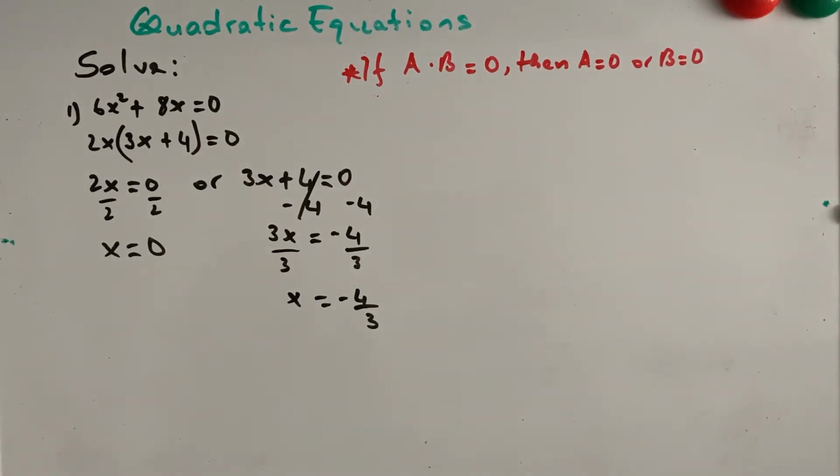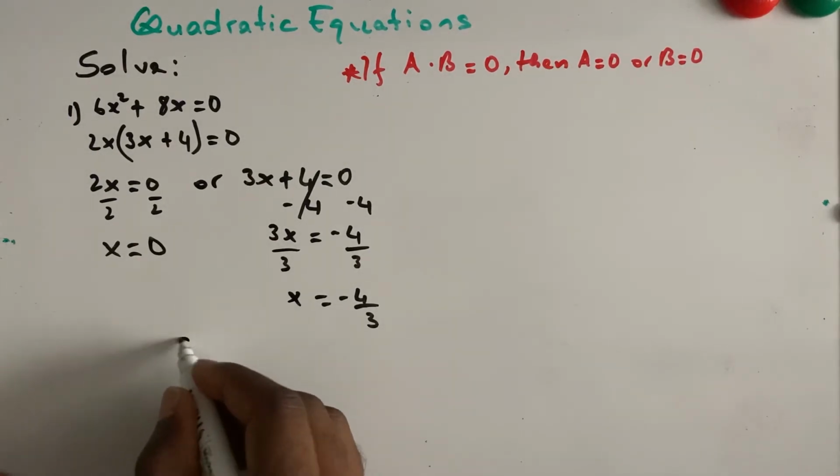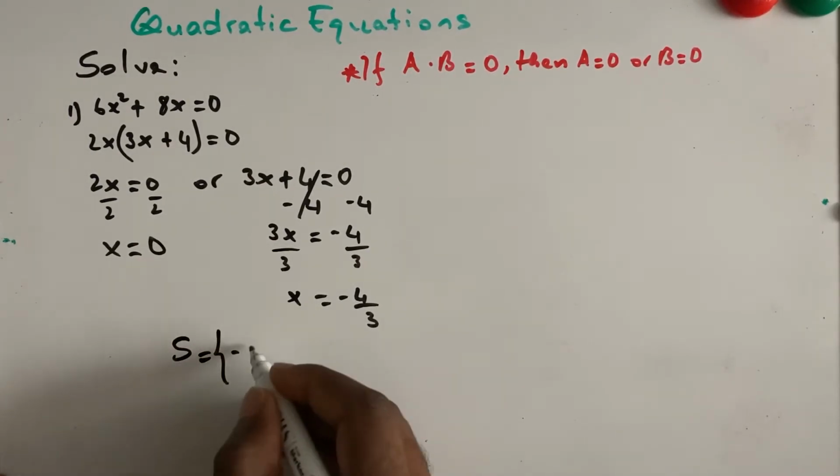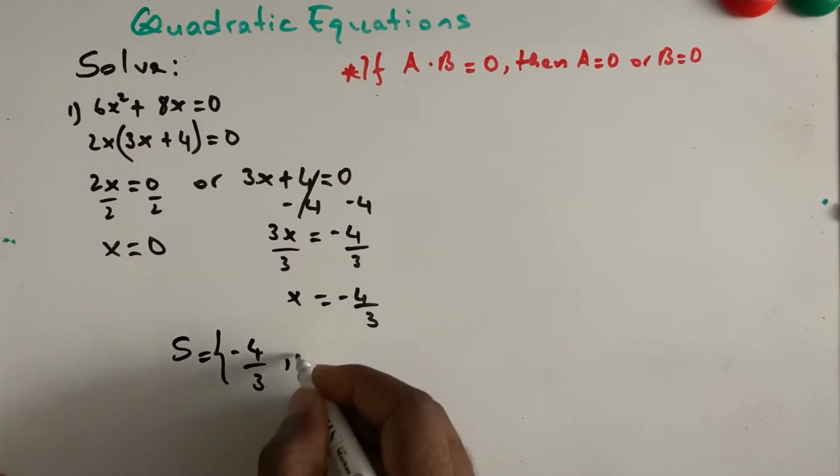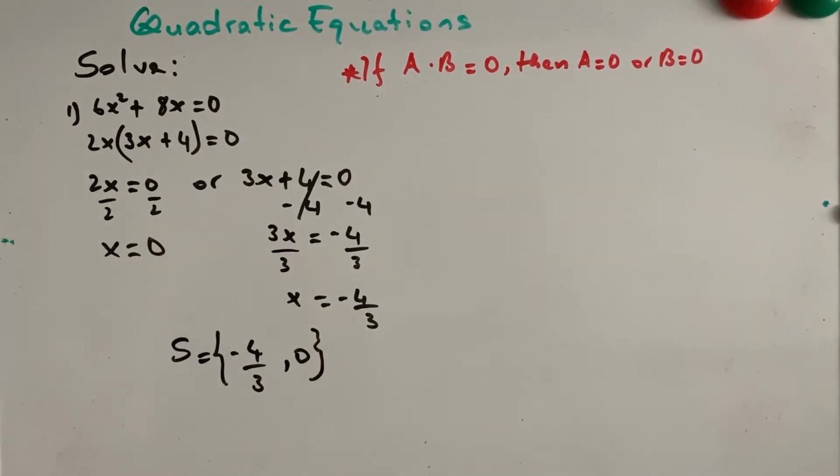So this is just solved by factoring. So the solution is 0 and negative 4 over 3. So the solution is negative 4 over 3 and 0, all right?